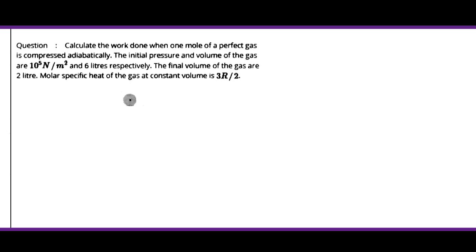So we can write for an adiabatic process, we know the relation, that is PV raised to gamma is a constant. Here gamma is nothing but the adiabatic index.